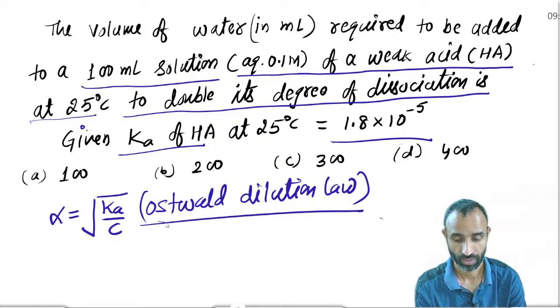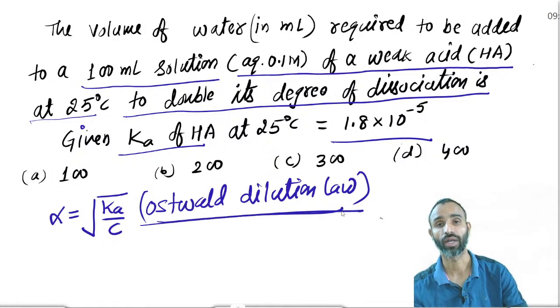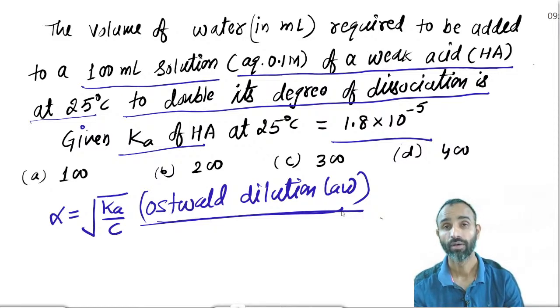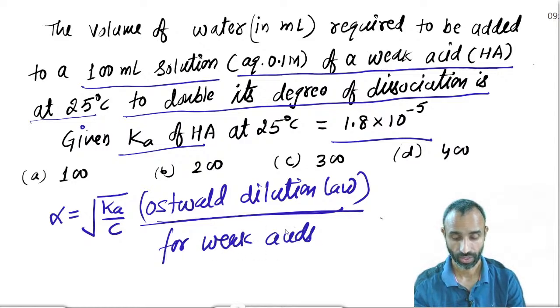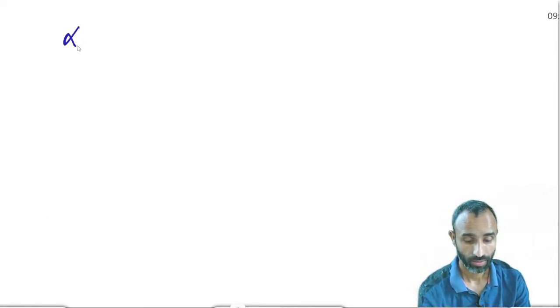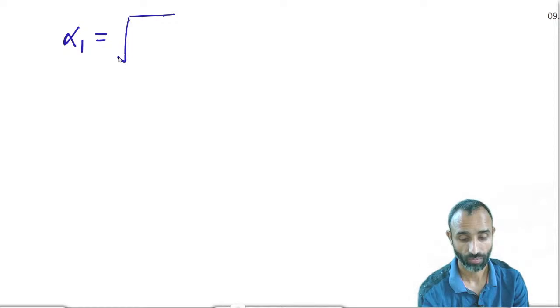We have discussed it in the previous class that alpha is equal to under root Ka upon C for weak acids. So in this way, if alpha is under root Ka upon C, let us say alpha 1 is under root Ka upon C1, and what is alpha 2?